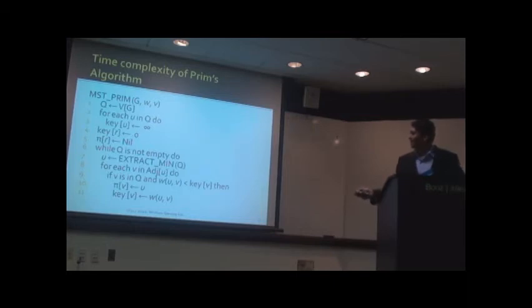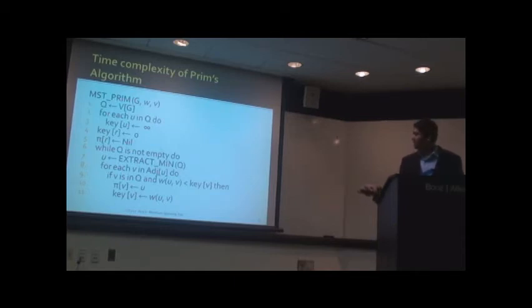However, line 7 itself takes some time too, because if you're saying extract min, that does not mean it is a constant time operation. Given an array of numbers, finding the smallest number takes order of n time.